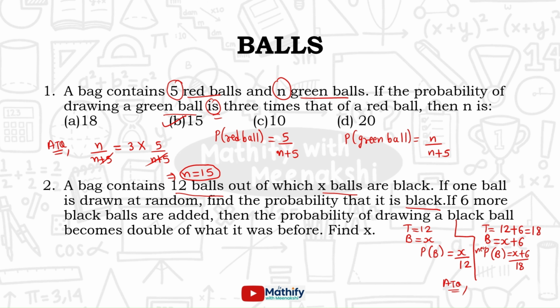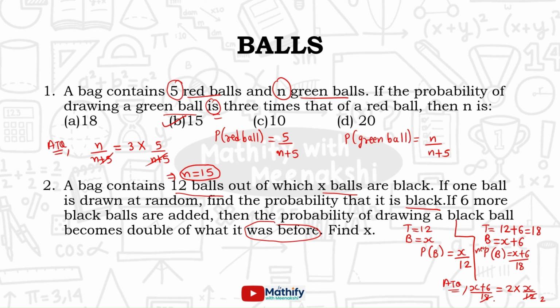Now there is one relation between these two probabilities. Let's see that. The probability of drawing a black ball becomes double of what it was before. That means this probability is double of what it was before. Now, what can we cancel? You can cancel with the table of 6.